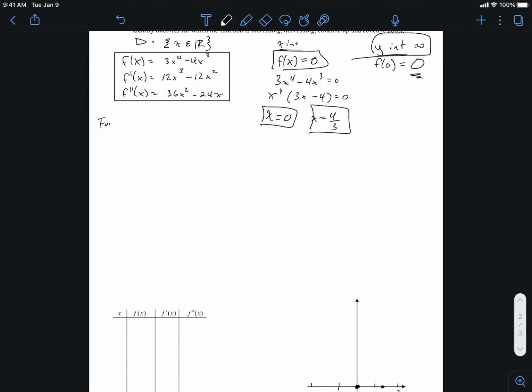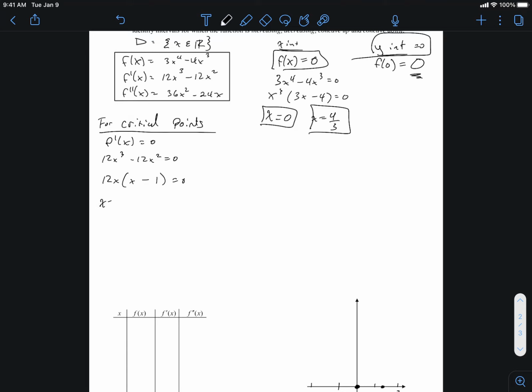We know for critical points that the derivative is going to be equal to 0. So we can say, okay, well, 12x cubed minus 12x squared has to equal 0. Again, you could factor out a 12x squared from this expression, and we could say 12x squared times x minus 1.